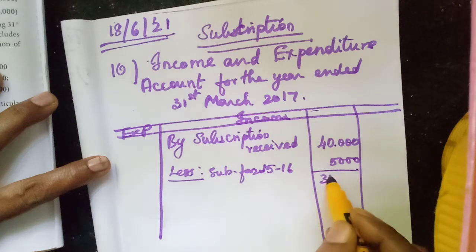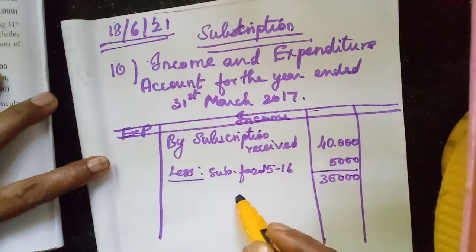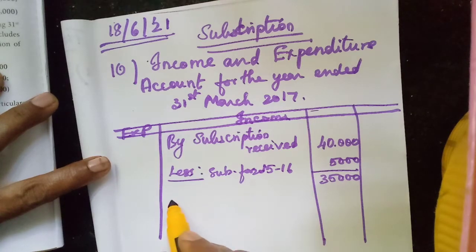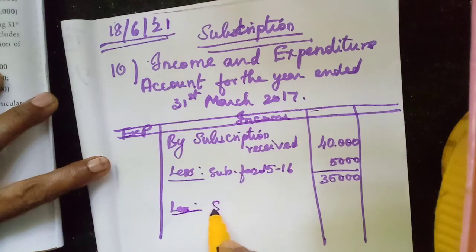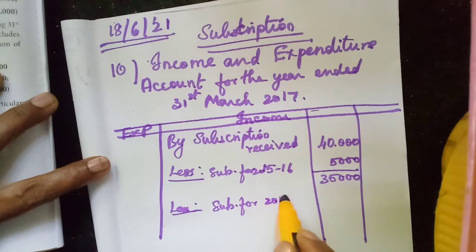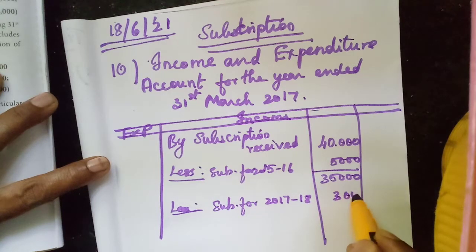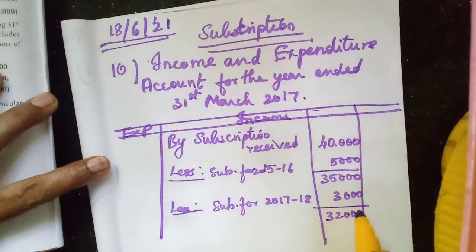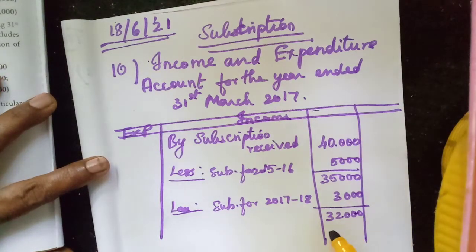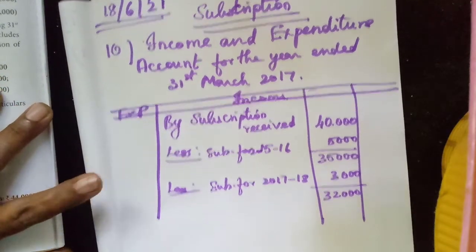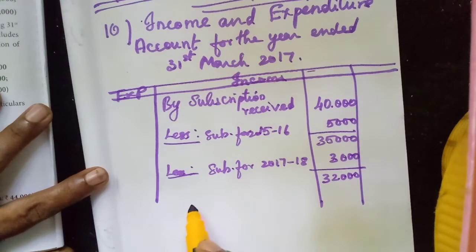So 35,000. Then 3,000 for 17-18. Less subscription for 2017-18, 3,000. 32,000.